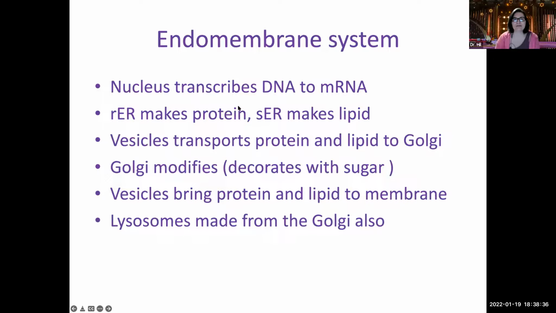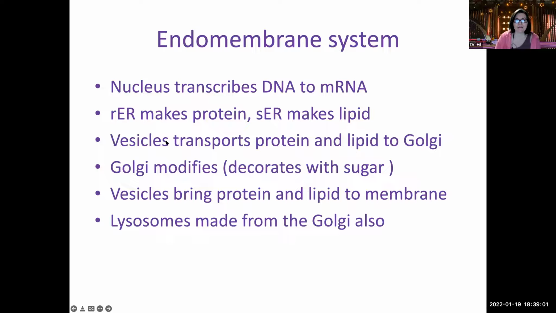So the nucleus, of course, is where the DNA is found, the instructions for proteins. And this is where, when you want to make a particular protein, you transcribe the DNA to a piece of messenger RNA. The rough ER is where protein is made, at least where some cellular protein is made. That's a hint. The smooth ER is where lipids are made.